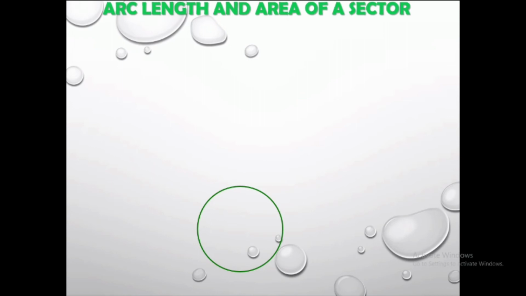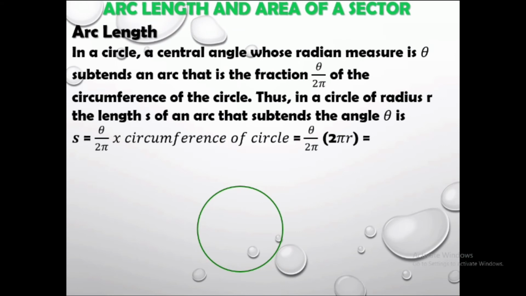One of the applications of conversion from degrees to radian measure and vice versa is finding the arc length and area of a sector. In a circle, a central angle whose radian measure is theta subtends an arc that is the fraction theta over 2 pi of the circumference of the circle.